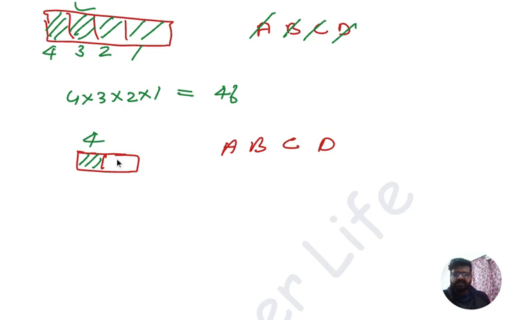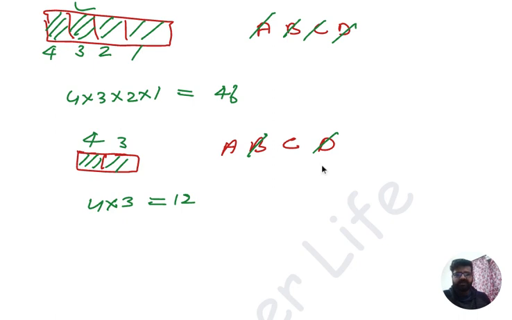Suppose I allotted the seat to B, so there are 3. Now this can be allotted in 3 ways. So how many ways? 4 into 3. So the number of allotments is 12. So there are 12 ways in which we can allot these seats to the students.